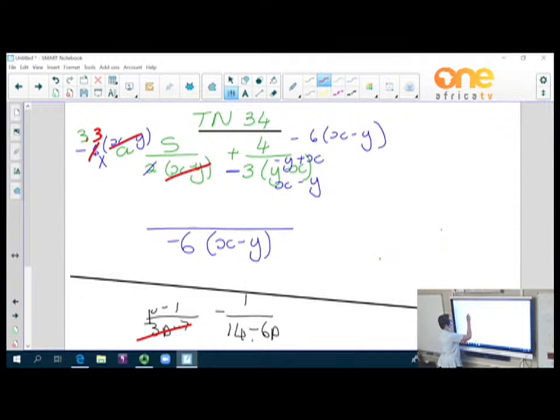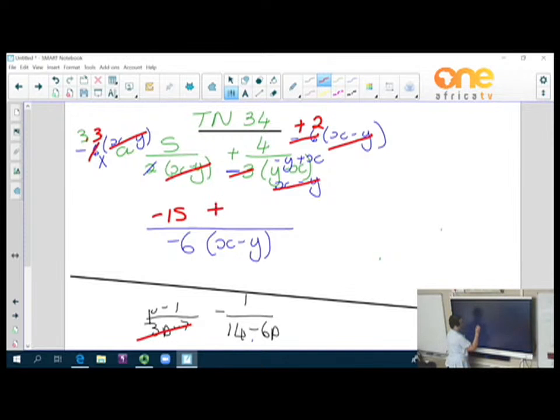This will cancel out now there, so we have negative 15. Here, the x minus y will cancel out. The negative 3 will divide into that one, positive 2 times. And if we multiply now, we have positive 8.